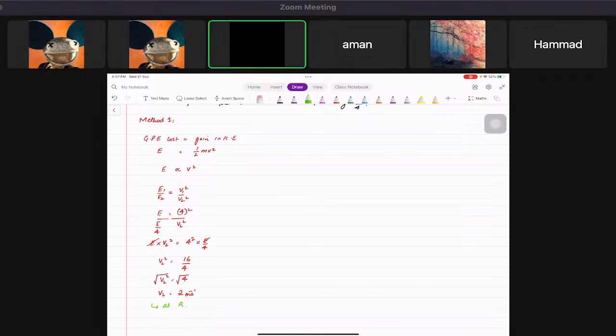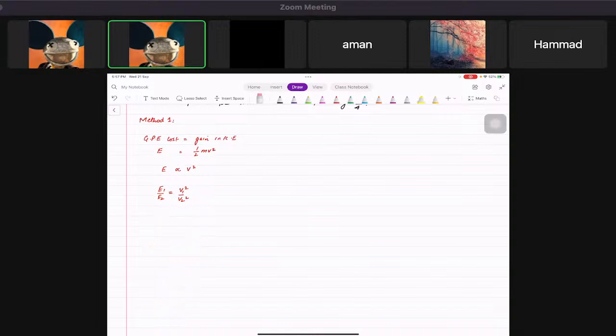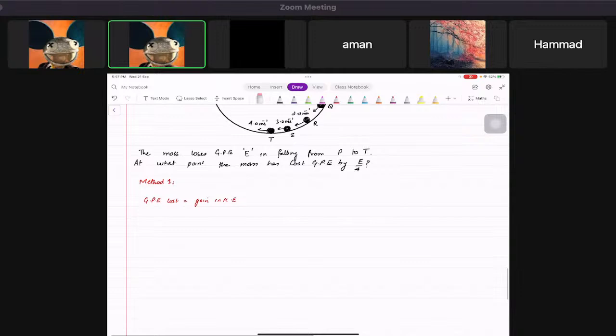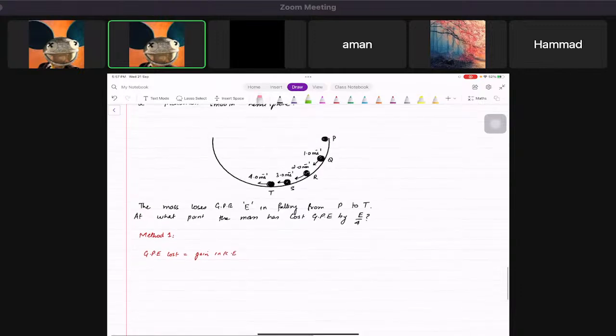Yes, sir. Okay, let me do this again. Show you how ratios work. Basically, whenever you get a ratio sort of thing, I just want to tell you this. This is our main equation. You have gravitational potential energy here, and you've lost all gravitational potential energy to kinetic here. You agree?